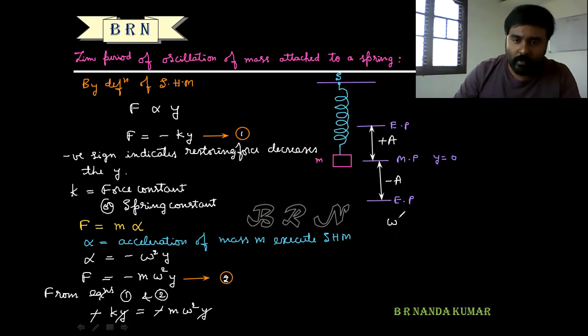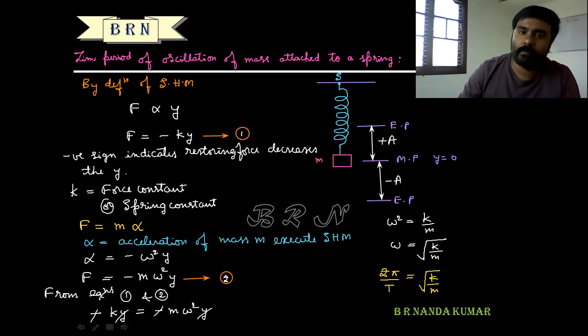So omega square is k divided by m. So omega is equal to square root of k by m. What is the expression for omega in terms of time period? That is 2 pi by T. So 2 pi by T is equal to root k by m.